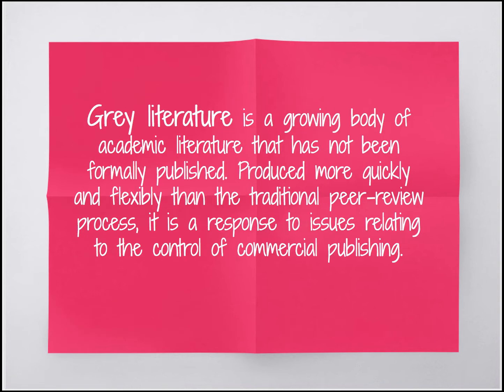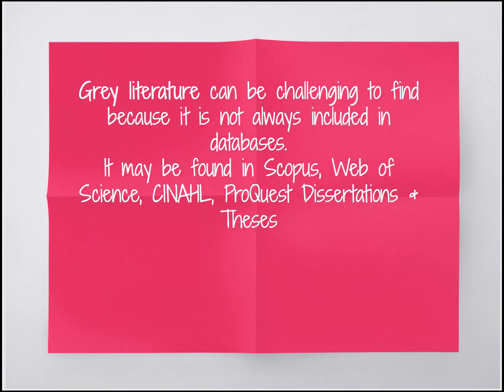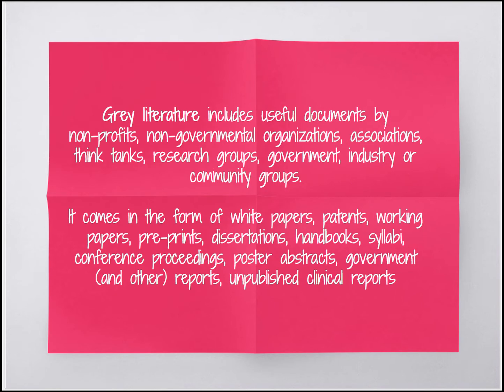Gray literature is a growing body of academic literature that has not been formally published. It's produced more quickly and more flexibly than the traditional peer review process, and it is a response to the issues relating to the control of commercial publishing. It can be challenging to find because it's not always included in the databases that we know and love. It may be found in Scopus, Web of Science, CINAHL, ProQuest dissertations, and theses.